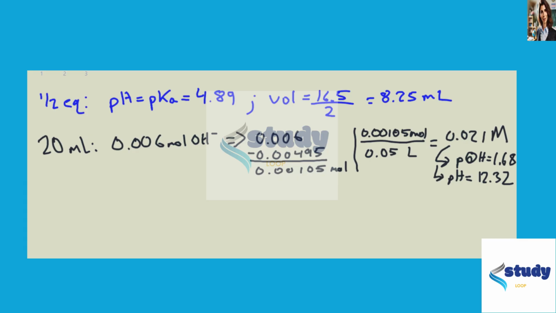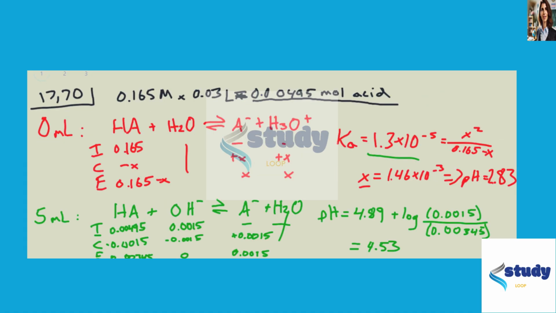So for the last point, we can just say 25 milliliters. We had the excess, we had excess of this present, so 0.00105. And we can look back over here to see how much moles we had, this much moles present when we added 5 milliliters.